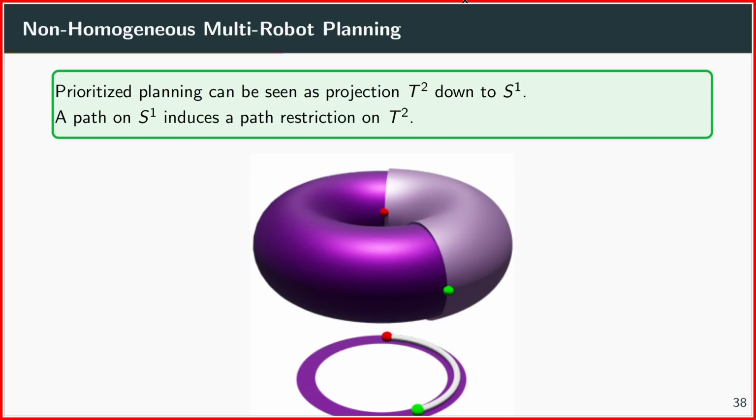So what you can see here is the circle. Green and red are start and goal configurations on the circle, and this white line here is a path. And this area here are all the points which, when we project them down, would be on the path. That would be basically the constraint imposed by the path on the circle.